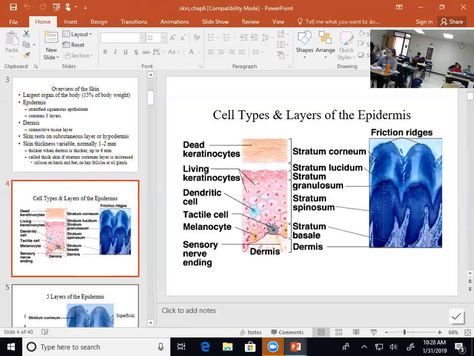Now, as melanin is being released, and these cells are undergoing mitosis, the melanin gets dispersed. And so we have this overall kind of color. Is that right?